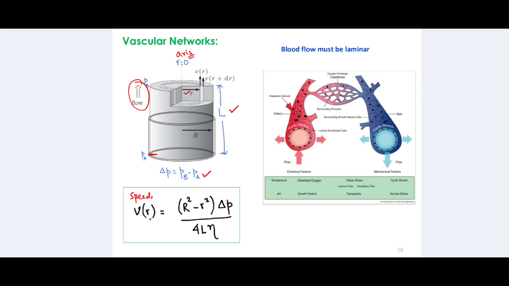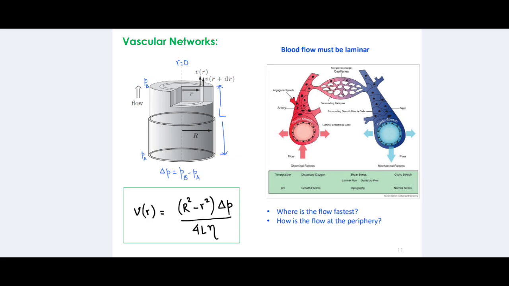So, let us actually consider this, and if we have this situation, where is the flow fastest? At the center. At the axis. Right? And at R equal to capital R, the flow should be 0, right? And you can see that R square business.